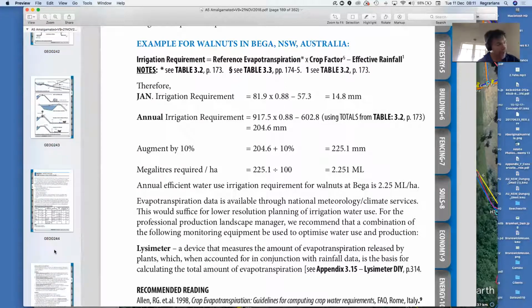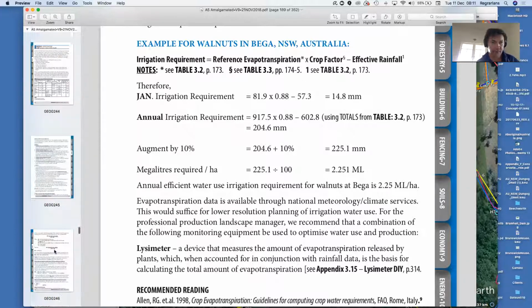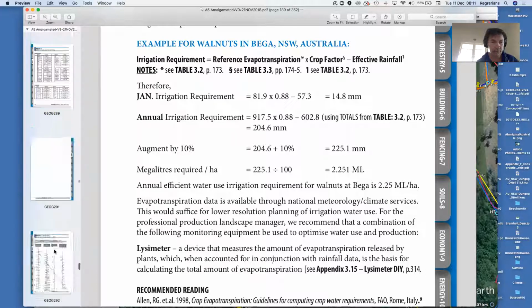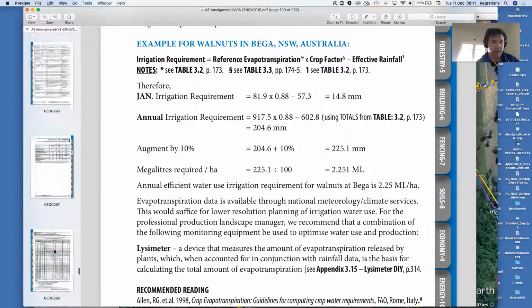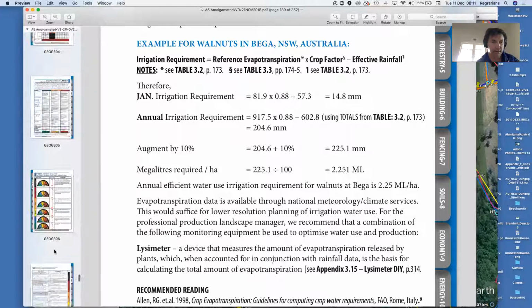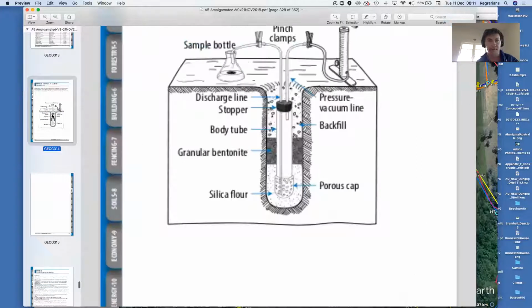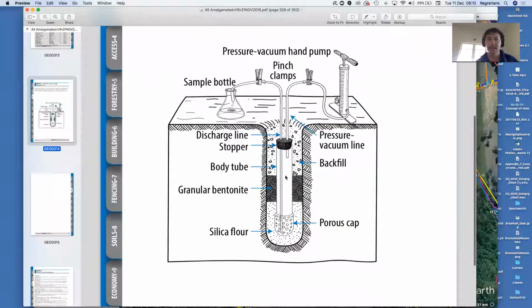If we go to the section on that in the handbook, it's on page 314. So this is a lysimeter. This is one example. We're actually upgrading this one to another one, which we think is better.